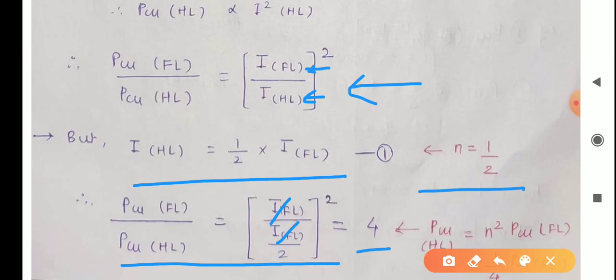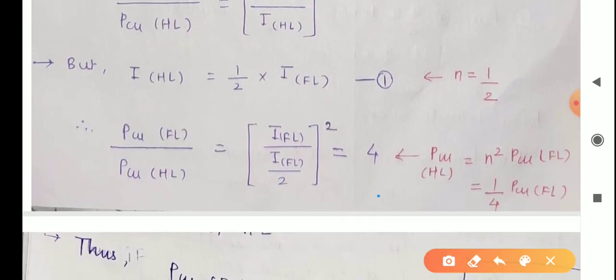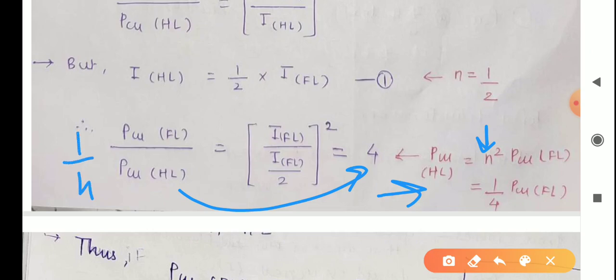That means if we rearrange the expression in terms of half load copper loss, full load copper loss will be 4 times half load copper loss. That means half load copper loss will be 1 by 4 times full load copper loss.